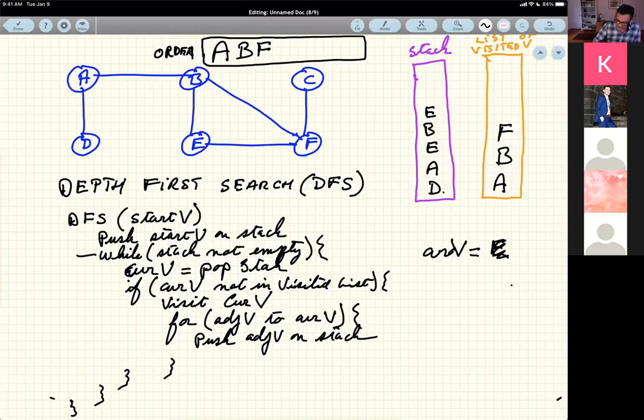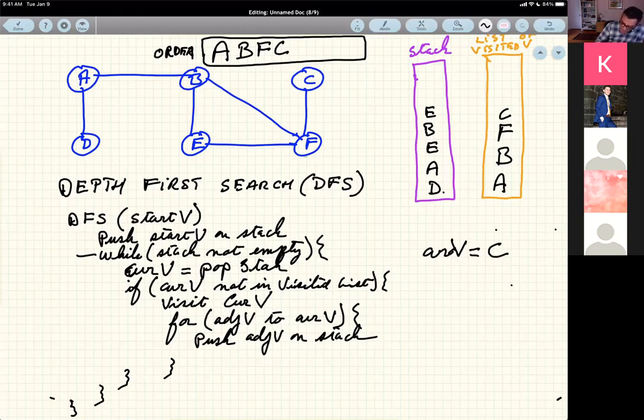C is my current vertex, so visit C. Then every vertex reachable from C: I put F in here again, because that's the only one I can reach from C. I'm done with that, so I go back up to the top and pop the stack again.